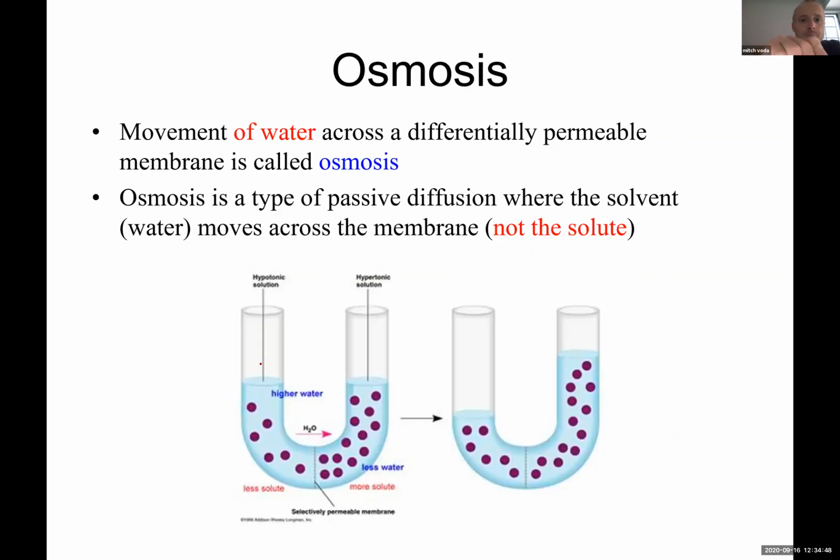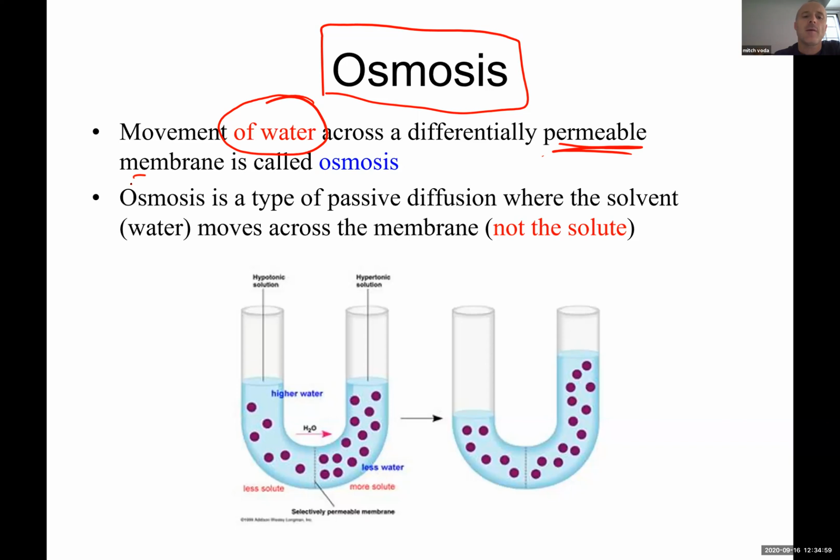Osmosis, and we're going to do it this Friday in the lab. Osmosis is just the movement of water across a semi-permeable membrane. Basically, I'll give you a tube. You put molasses or sugar in the tube, 80% sugar.